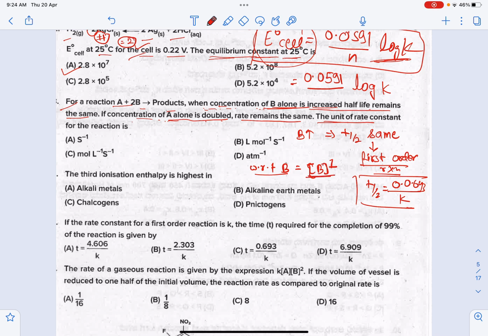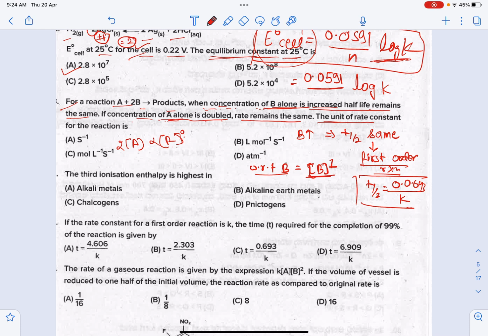Now in the second part it says if the concentration of A alone is doubled, the rate remains the same, with no change in the rate. That means the reaction is not affected by changing the concentration, so it will be a zero order reaction, which does not depend on the concentration.